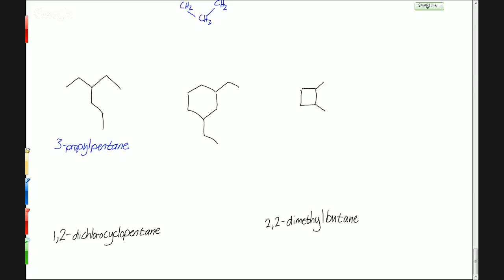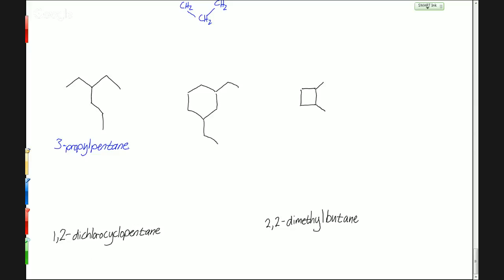Anybody else get something similar or different? All right. Well, let's take a look at it. So the longest chain is 5. That leads to the pentane. Is that what other people found also?